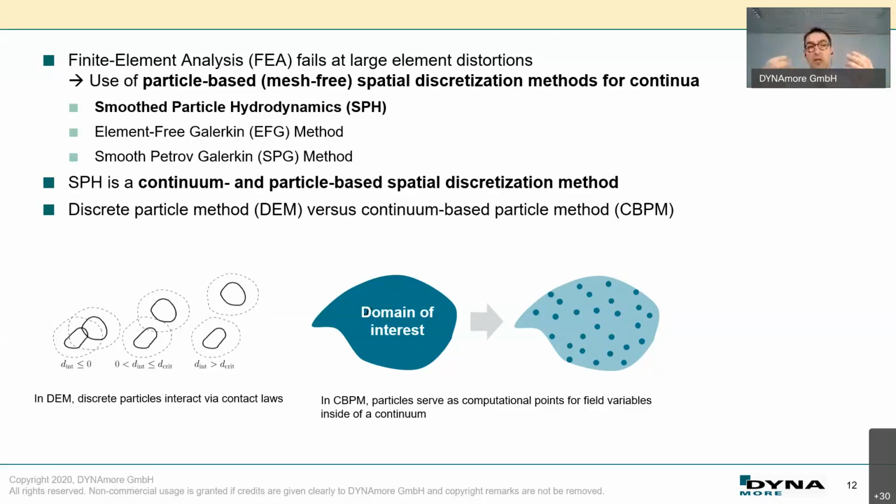In a continuum-based particle method or continuum-based mesh-free method, you still have the balance equation describing a continuum. And you just use this method to discretize your continuum structure. So here you have a continuum. You decompose your continuum into particles. And these particles can move independently, but still they represent a continuum.